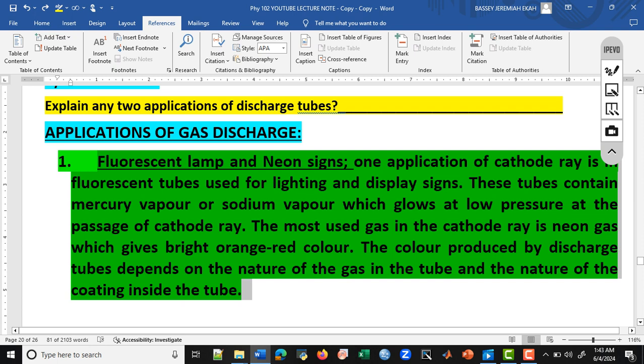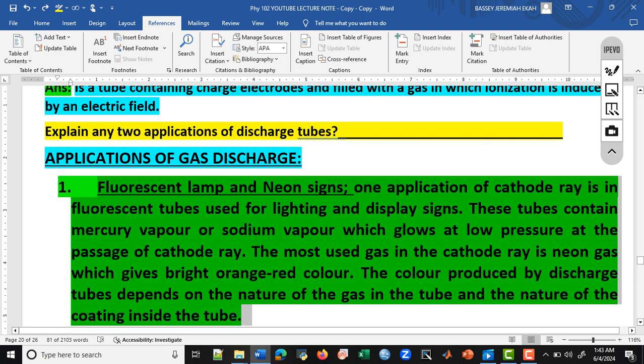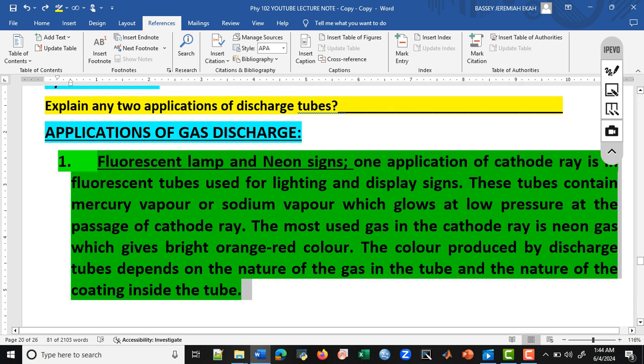One application of the cathode ray is in fluorescent tubes used for lighting and display signs. These tubes contain mercury vapor or sodium vapor, which glow at low pressure at the passage of cathode rays.